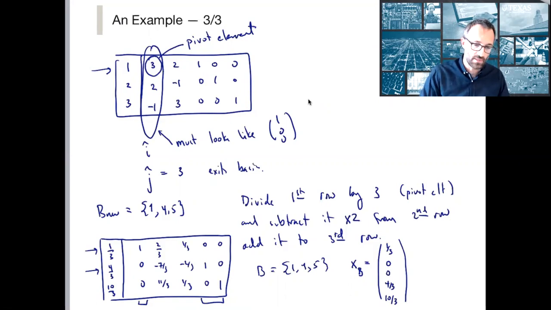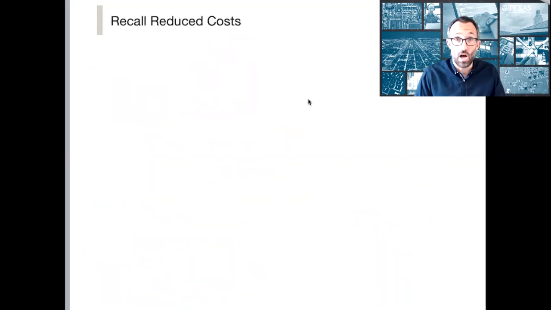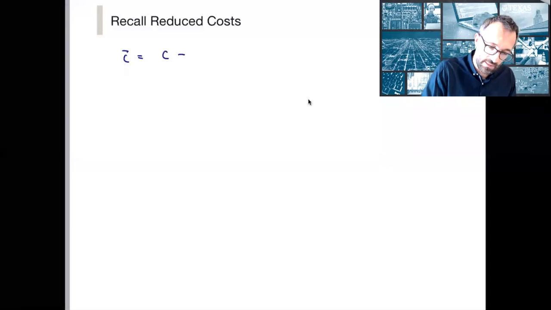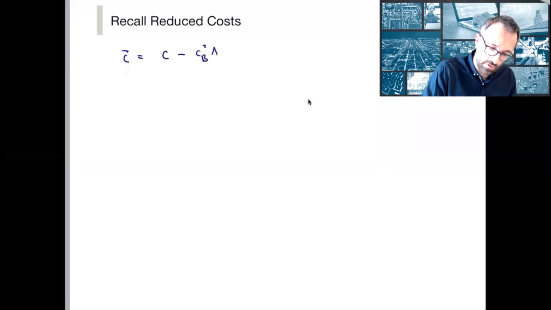Now let's talk about the reduced costs. So remember that c bar is equal to c minus c_B transpose A_B inverse times A. This is so important that I'm going to start giving it its own name, p.